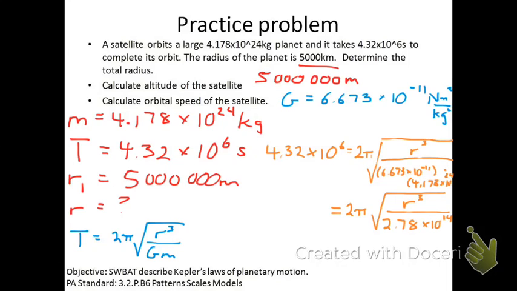And on the left side of the equal sign, we still have 4.32 times 10 to the 6. Just to be clear, I kept the units out for the sake of space.